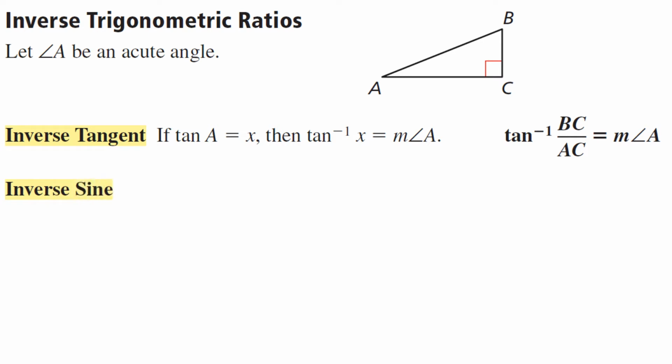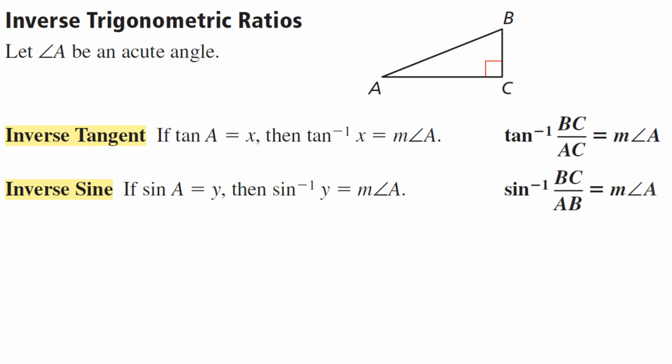We are used to having the angle, and we ask for the tangent of that angle, or the sine of that angle, or the cosine of that angle. Instead, we'll say, hey, we got the ratio. Let's go backwards. Can you tell me what angle made that ratio?